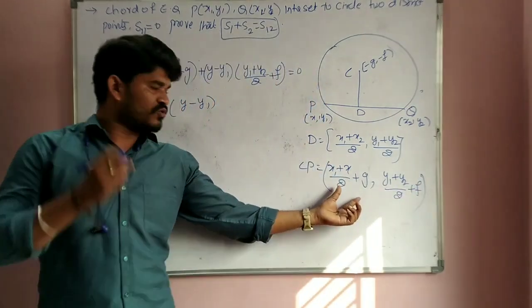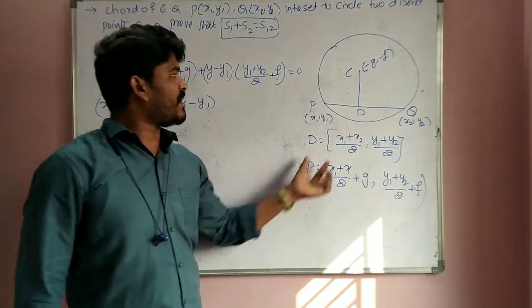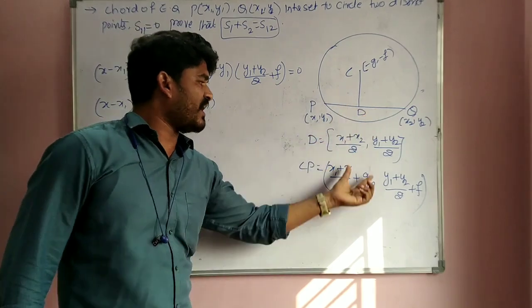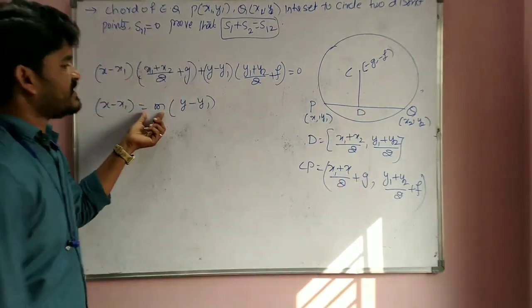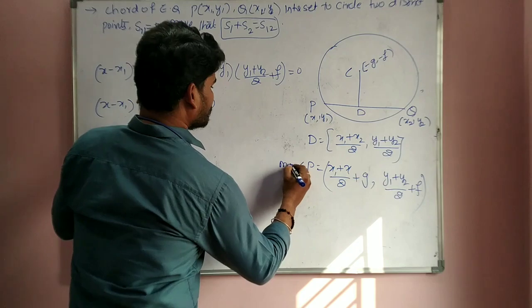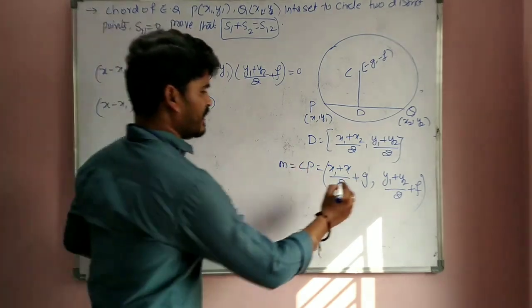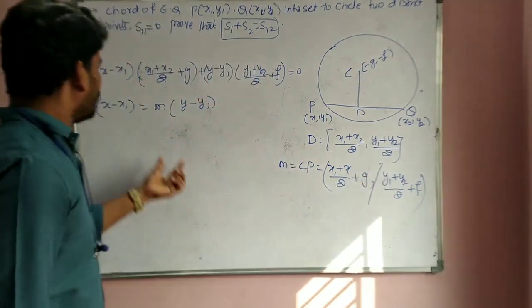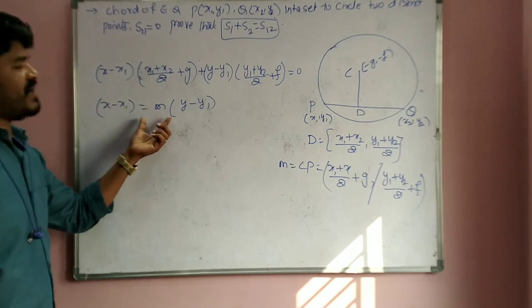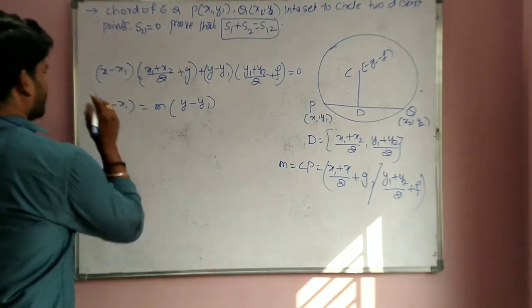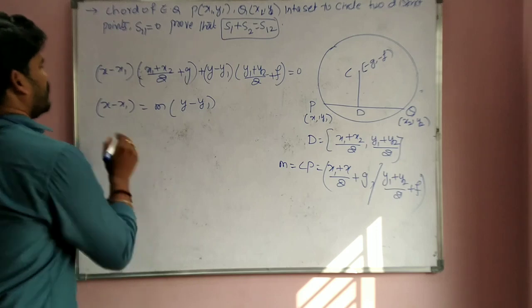This is the slope m, and we substitute this value here. We get this equation, right?